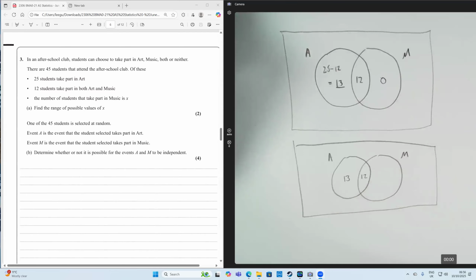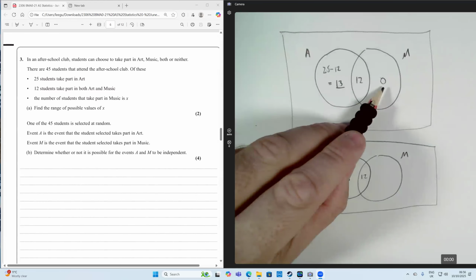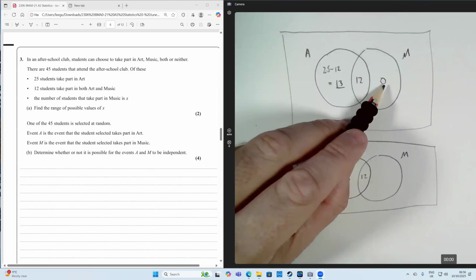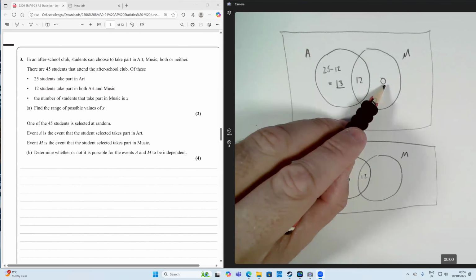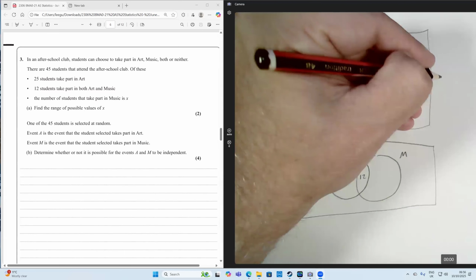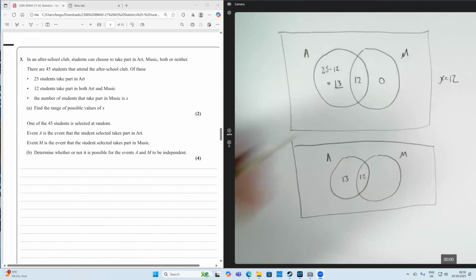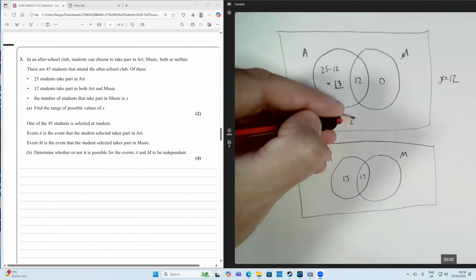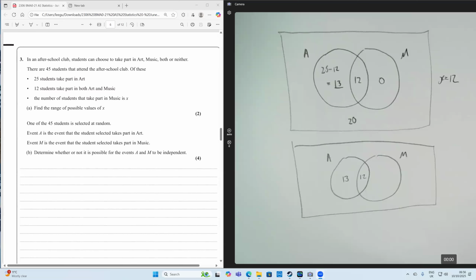The number of students that take music is X, so if that was the case, X would be 12, because none of them are taking music. We would have 45 take away 13 take away 12, so 20 of them out here that are not doing art or music.